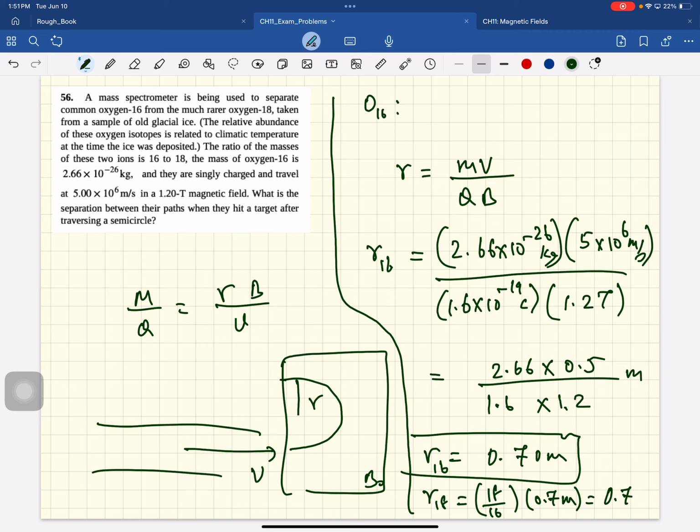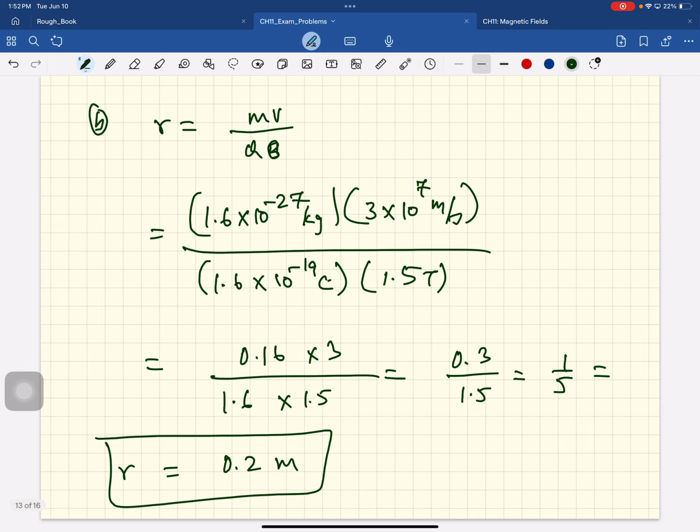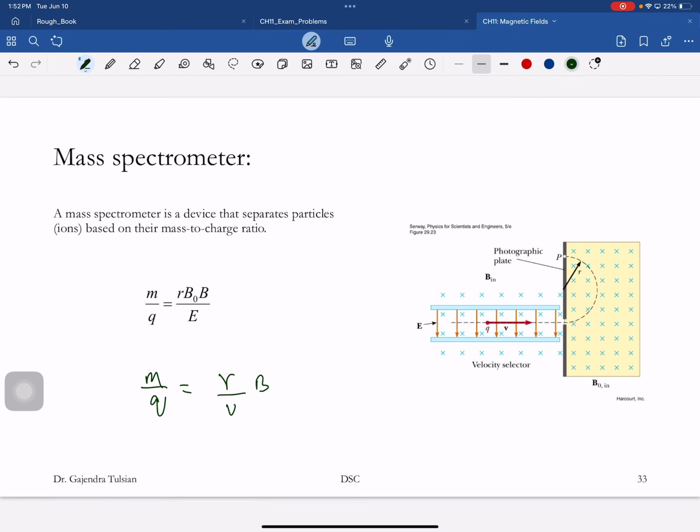So 0.78 meters. That's an 8 centimeter radius difference. So this spot will be there and that spot will be there, 8 centimeter difference, 16 centimeters in diameter, that's half a foot, 6 inches difference. So you can easily separate them.